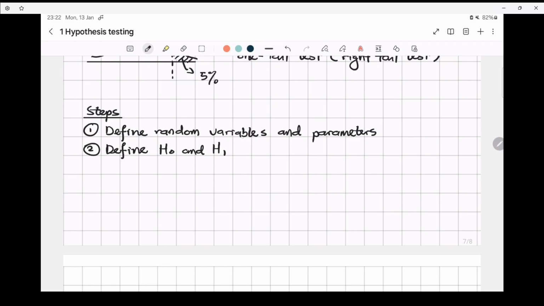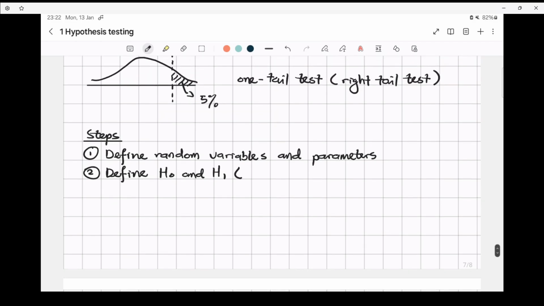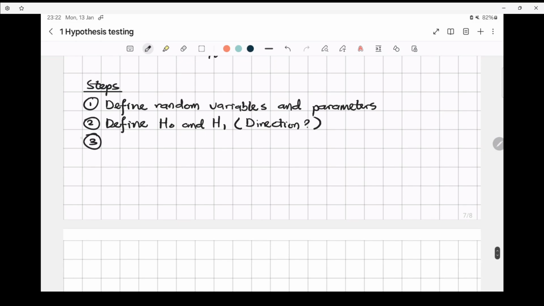Be careful, because depending on the test, sometimes you have directions. If you have a direction, it is a one-tailed test. If you don't have any direction, it is a two-tailed test. The third thing, find your critical region.